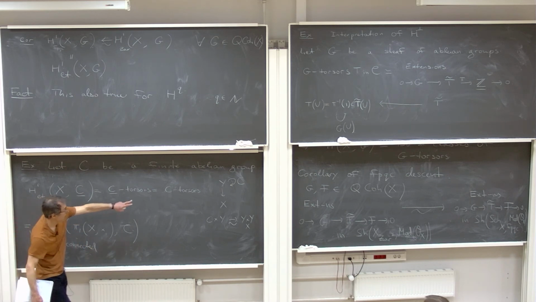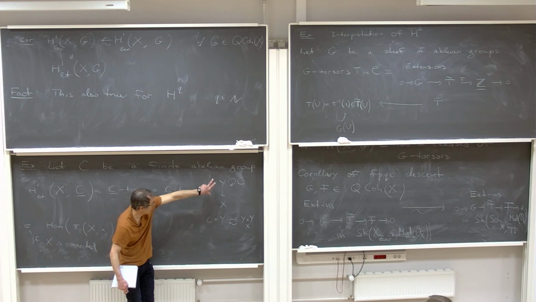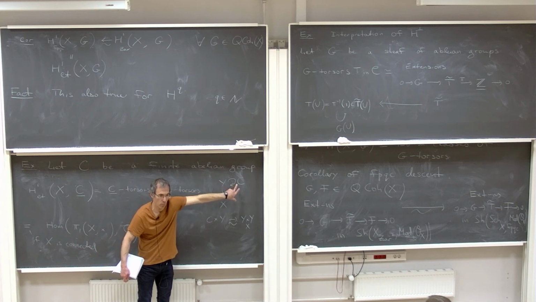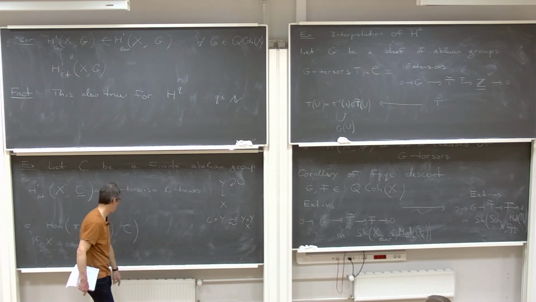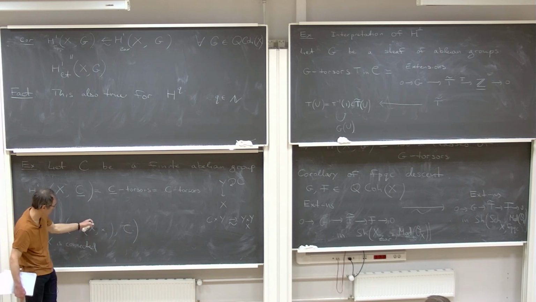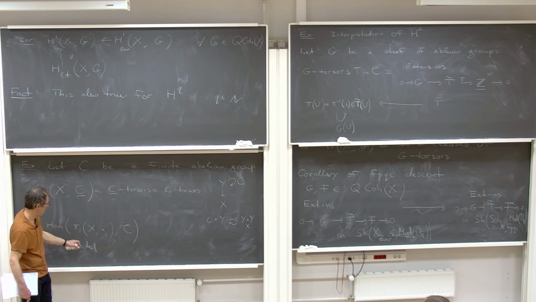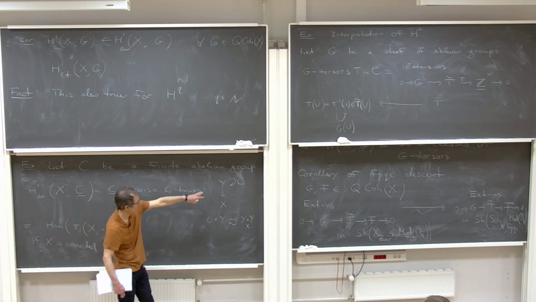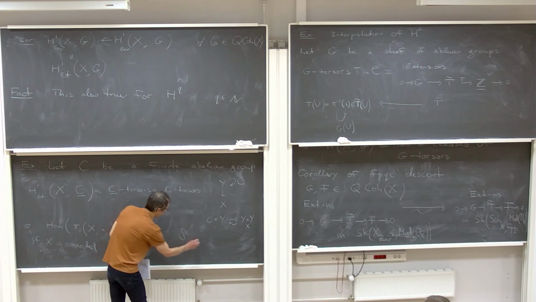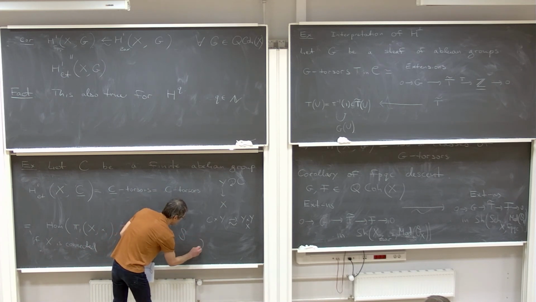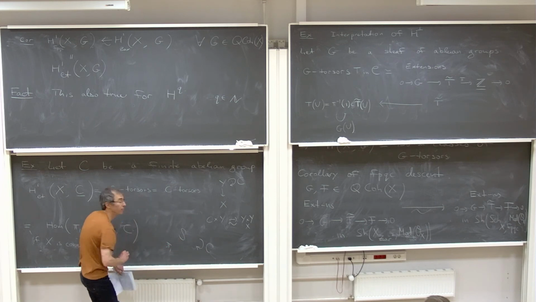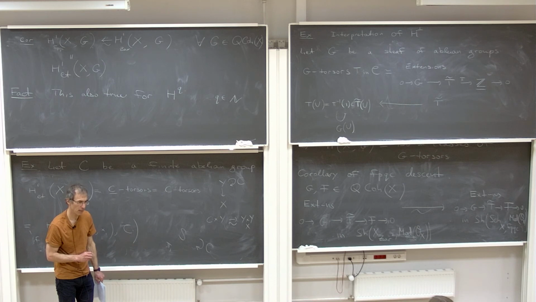What is a C torsor? It's an étale map, a finite étale map, with an action of C by automorphisms. What is a finite étale cover? It's a set with an action of this group. So that means that a C torsor is equivalent to a set S on which you have a simple transitive action of C and also a commuting action of pi 1.